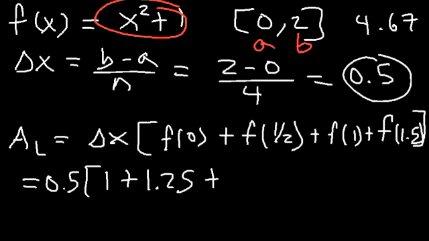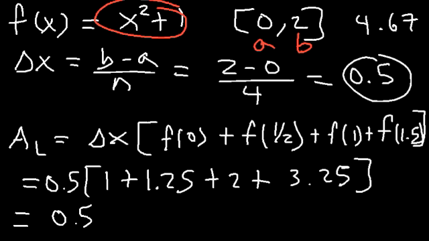Now, f of 1 squared is 1 plus 1 is 2. 1.5 squared is 2.25 plus 1 is 3.25. So let's add the numbers inside the bracket. So 1 plus 1.25 plus 2 plus 3.25 is about 7.5. Half of 7.5 is 3.75.